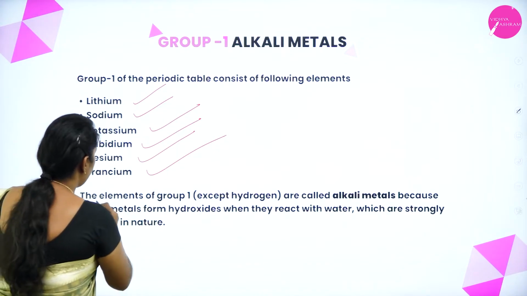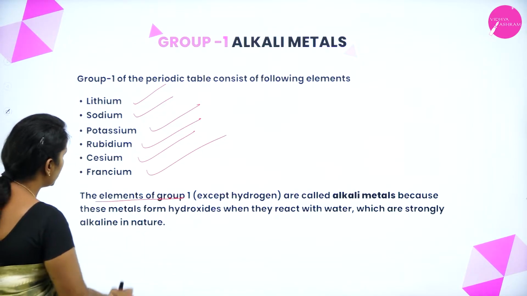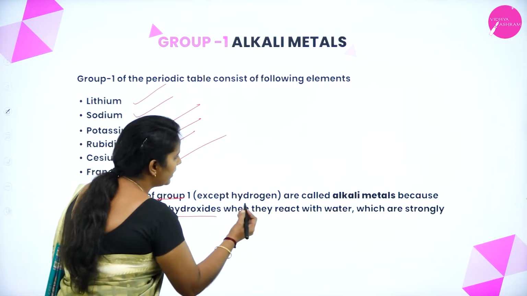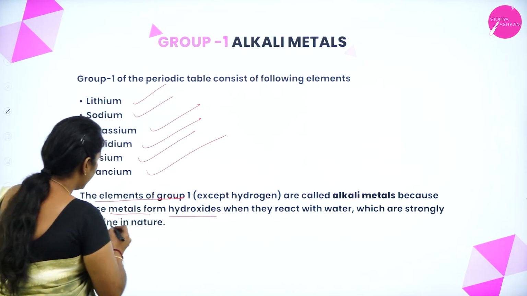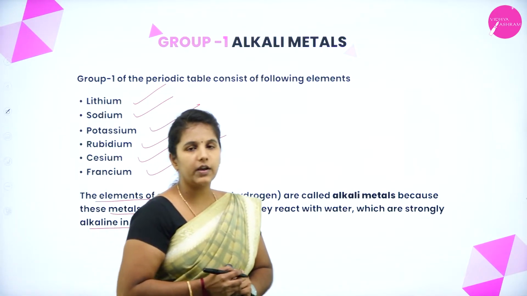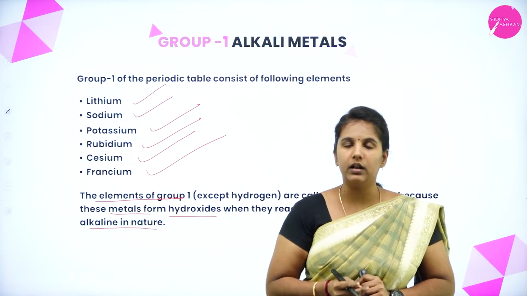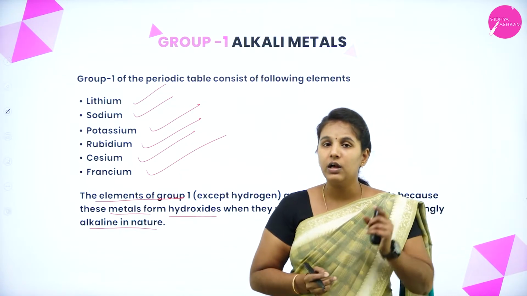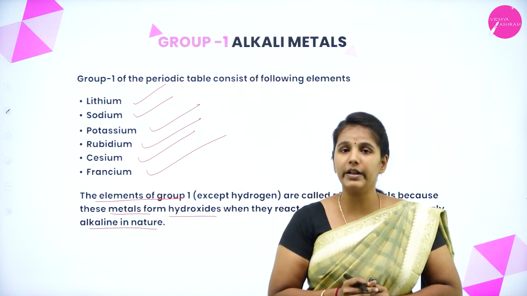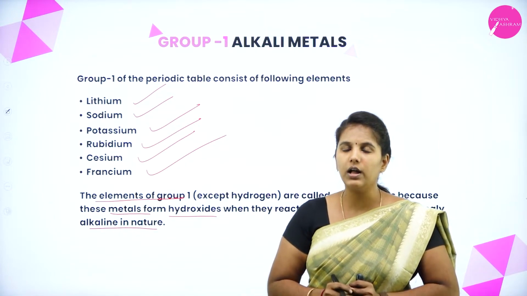The elements of group 1 are called alkali metals because these metals form a hydroxide when they react with water, and they are strongly alkaline in nature. I hope you have understood why the name alkali metal has been given to the group 1 elements: when they react with water, they form a strong alkali.